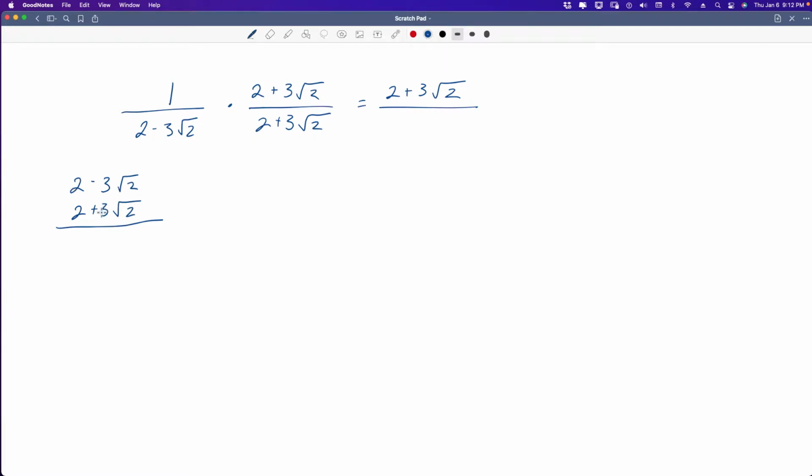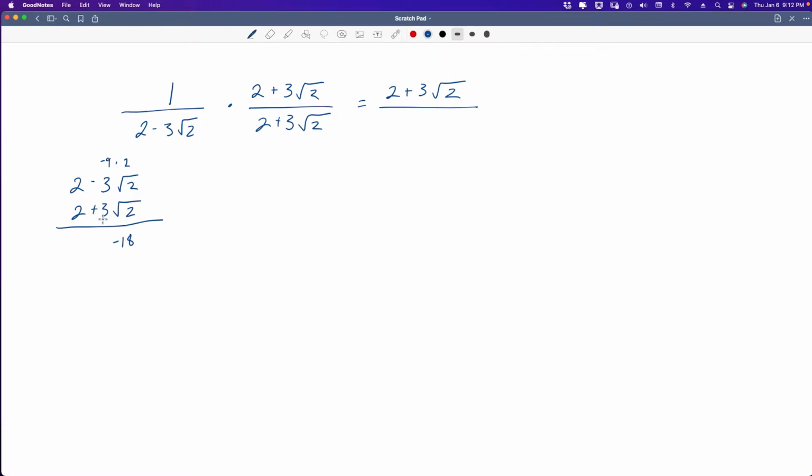So a positive 3 times the square root of 2, a positive 3 times a negative 3, that's going to be a negative 9, right? Negative 9. And then we have a square root of 2 times square root of 2, so that's going to be a 2. So negative 9 times 2 is a negative 18 for that.